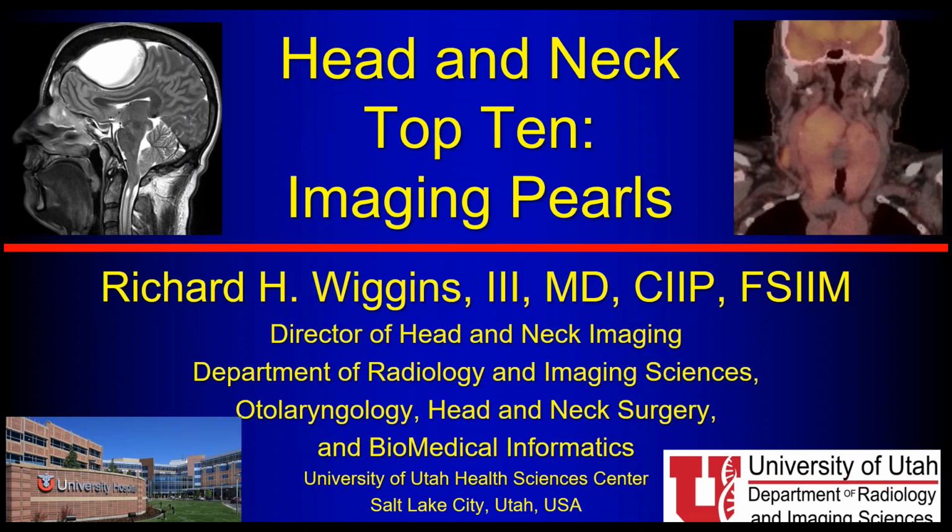The ADC, just like the T2, is a rough marker of tumor cellularity. So that's very important when we think about pathology anywhere in the head and neck. So we can take that brain sequence, the diffusion, and we can apply it in the extracranial head and neck and see if a lesion is dark on the ADC and therefore is hypercellular and therefore is more likely to be malignant.